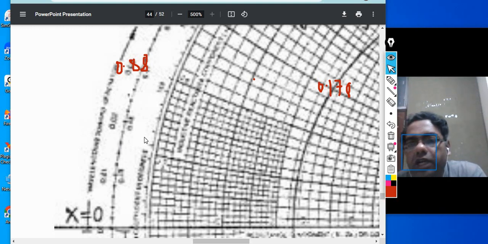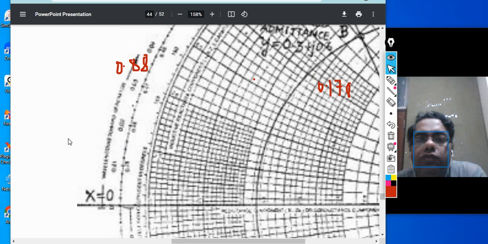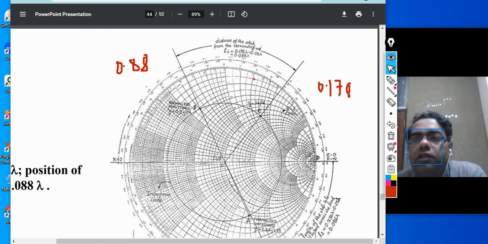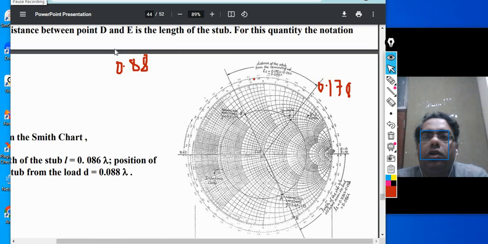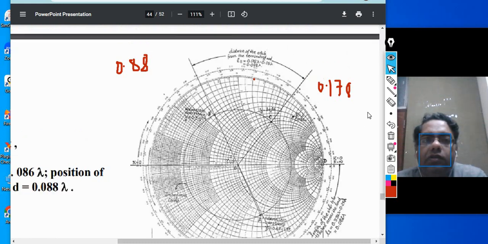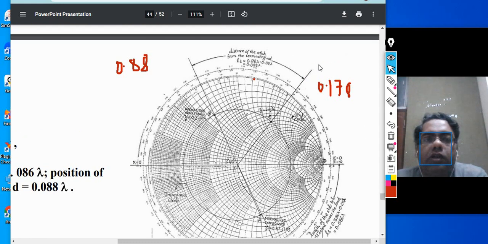Wavelength towards generator and wavelength towards load, it is mentioned. So that much distance, if we subtract 0.178 lambda minus 0.088 lambda, it will give 0.088 lambda.